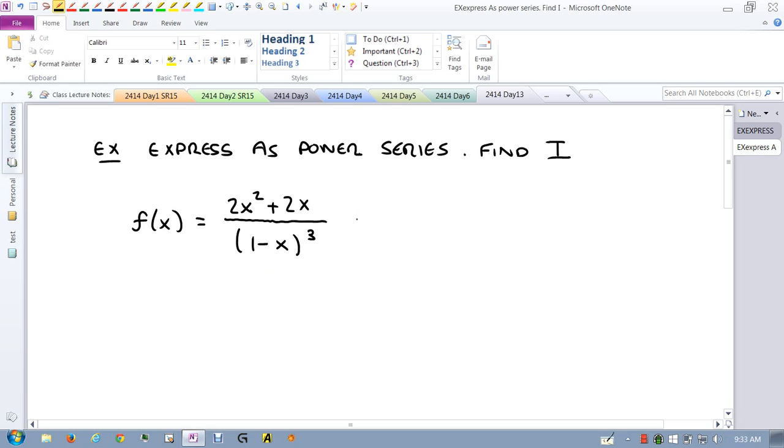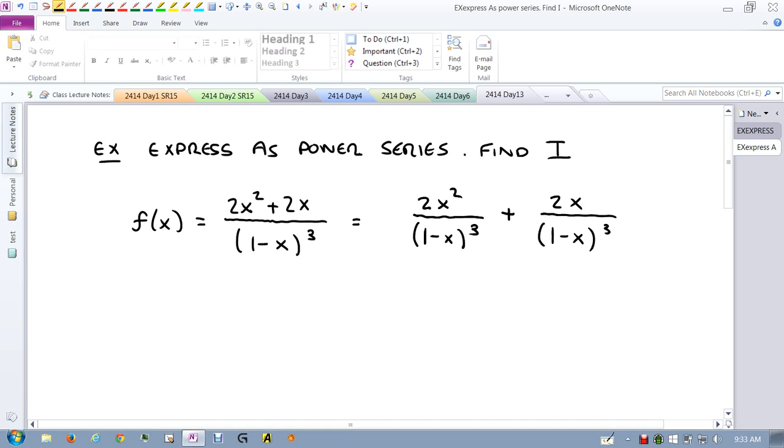So what I'm going to do first is split this into 2 separate terms because I have the same denominator in both. I can do this. We agree. That's just splitting it up. And now, you see the 2 up there? So nice that that 2 is there.